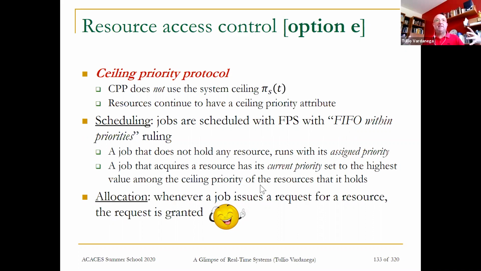The system ceiling is calculating a system-wide value for all use relations of resources. We don't need that. That's clever, but you can do with less, because all that matters is the green wave. It matters to you if any of the resources that you may compete with, and therefore such that you influence their priority ceiling, are in use.